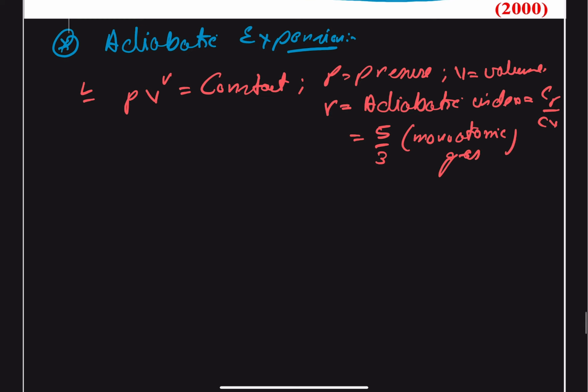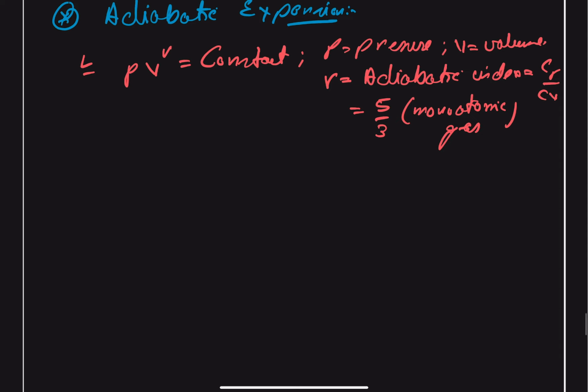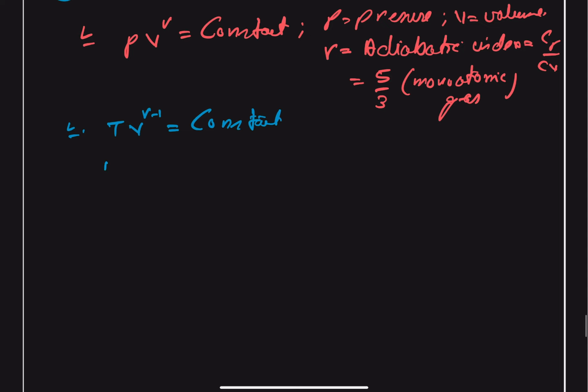And the second relationship which we are going to use is our temperature T multiplied by volume raised to power gamma minus 1 is equal to constant. And here T is our temperature.